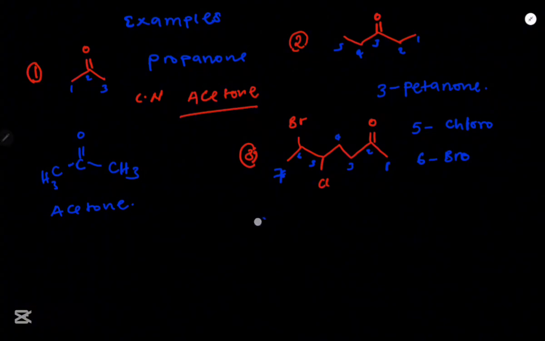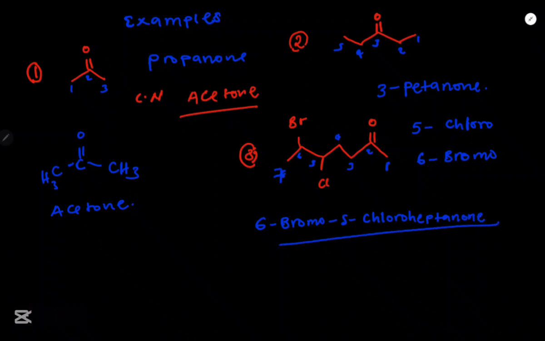So it will be 6-bromo, 5-chloro. It's a 7-membered chain, so it is heptanone. So that's how we name this molecule.